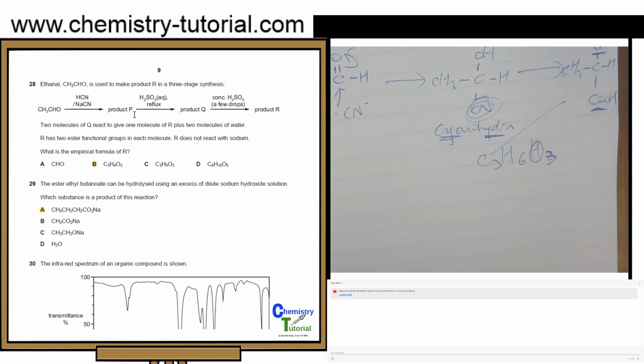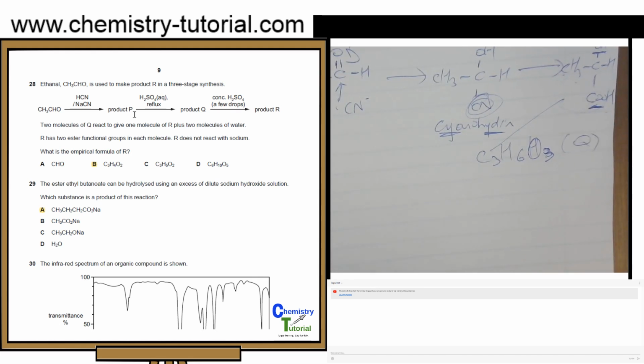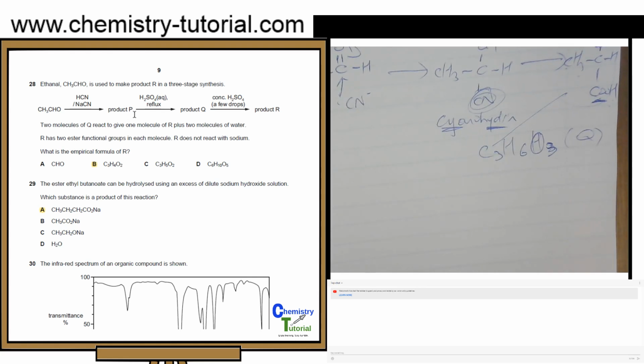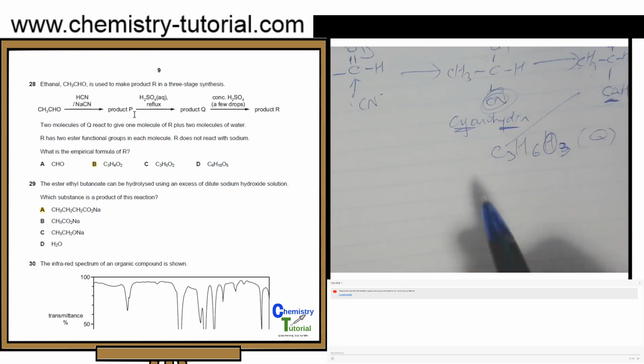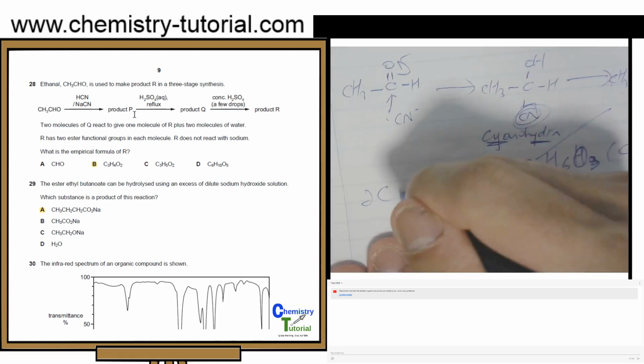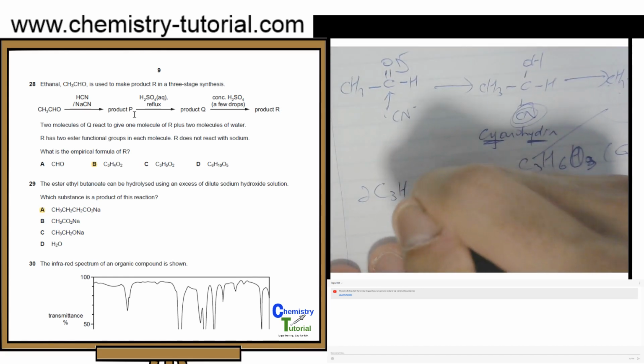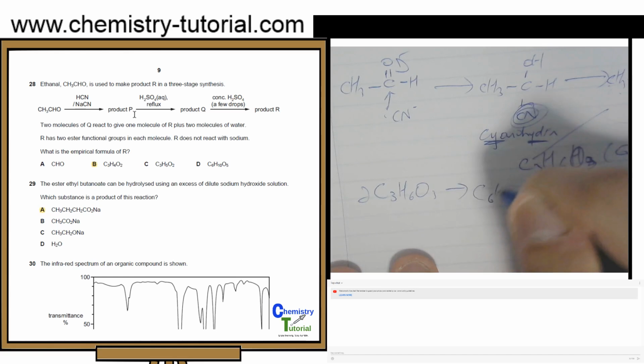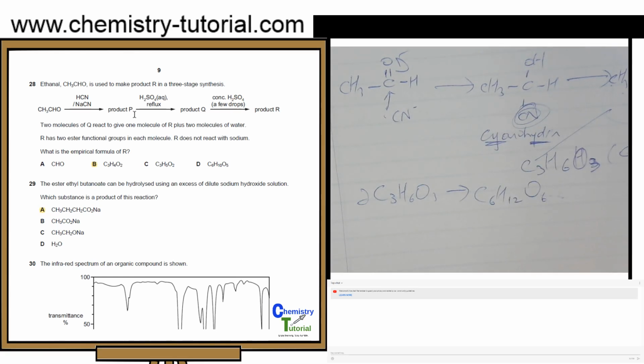But the final product actually told us that 2 molecules of Q react to give 1 molecule of R, and this R is an ester, plus 2 molecules of water. Now, if you recall, to form an ester, you produce water. And if you get 2 molecules of water, that means you need 2 molecules of Q. So 2 C3H6O3 gives C6H12O6, because 3 times 2 is 6, 6 times 2 is 12, 3 times 2 is 6.